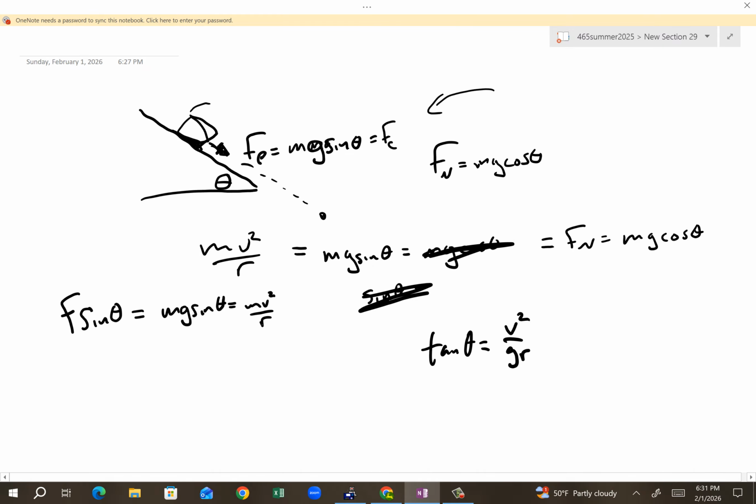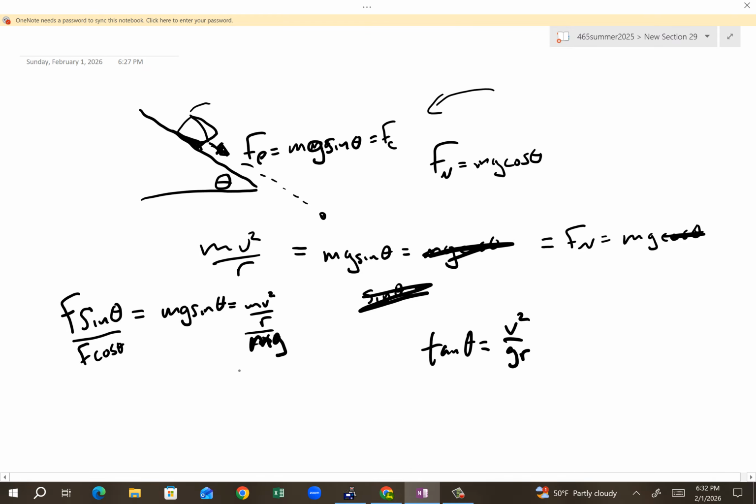If you divide that by f cosine theta, and you divide this by cosine theta over here, and if this side is just mg, that's how your book writes it. It's just mg. The cosine theta we worried about on the other side.